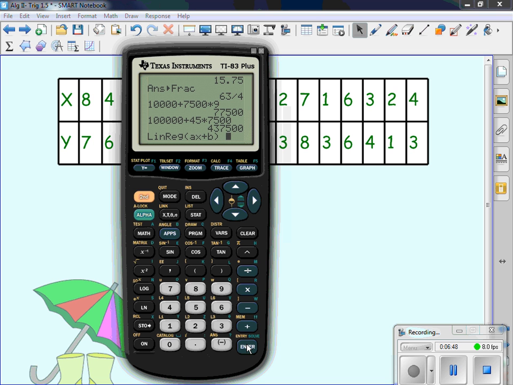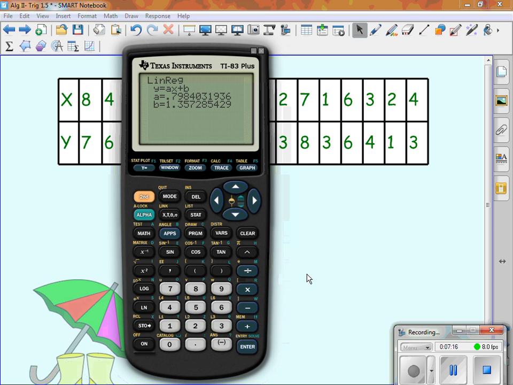I press enter. And on your screen, the only thing that shows up is the lin reg ax plus b. I put my stuff in L1 and L2, correct? Since it's in L1 and L2, I am fine. Just press enter. It gives you this.